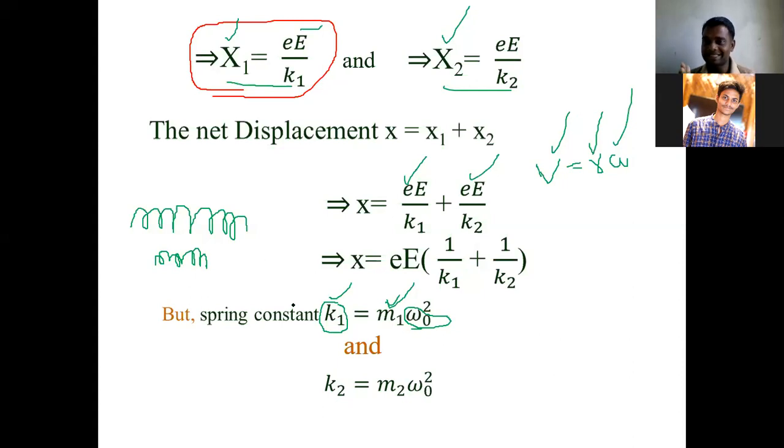The mass is different; the mass of Na plus is different from Cl minus. So masses are different, but angular velocities are the same. Therefore, K2 is equal to M2 into omega naught square. Are you understood? Do you have any doubts?